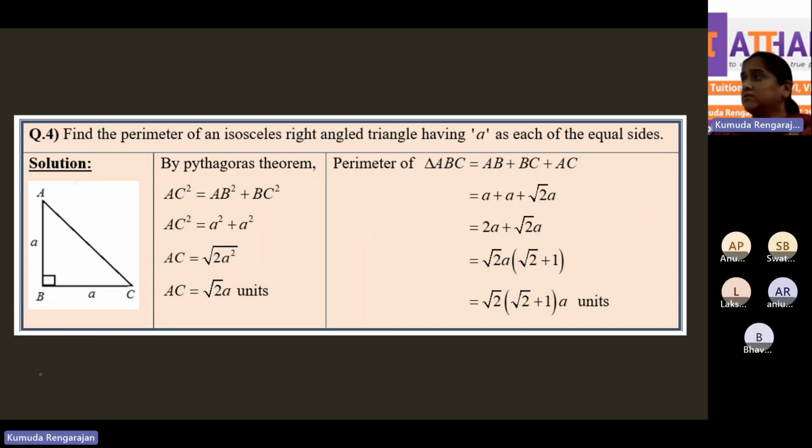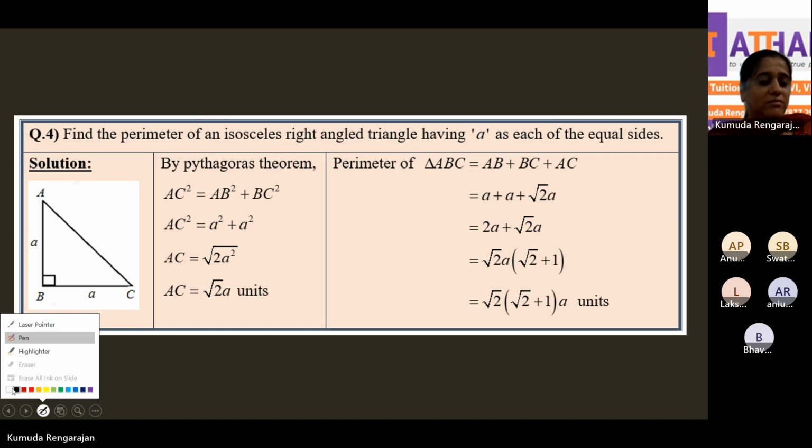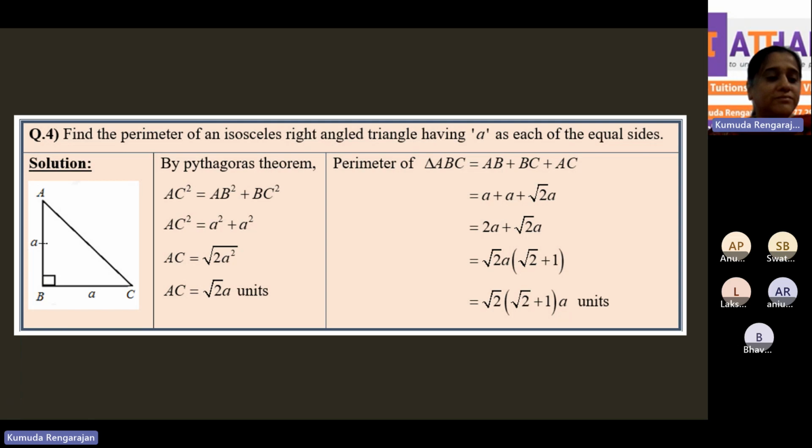Anyone else? Yeah, 2A plus A root 2. A root 2 is root 2A. Correct. Very good. Mritsa has also got the right answer.